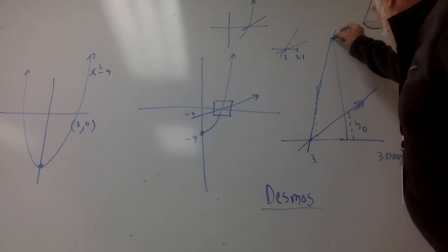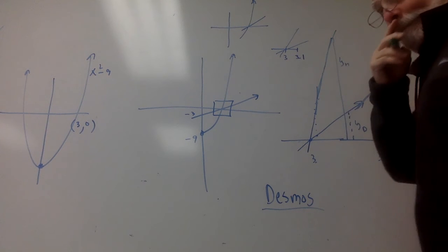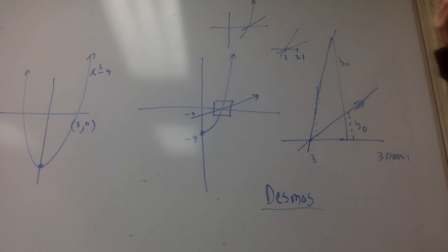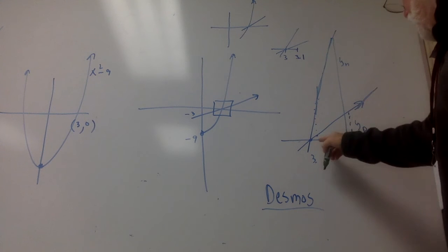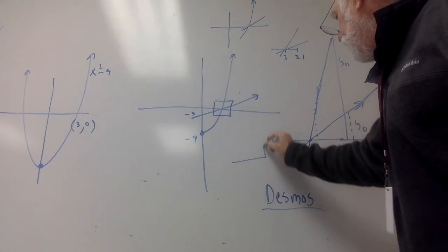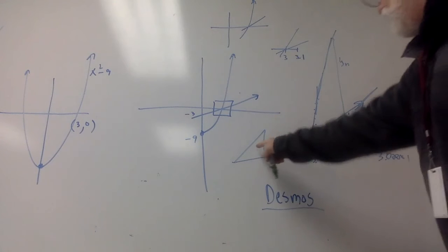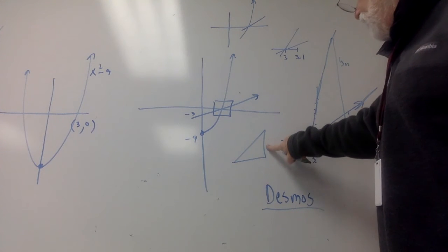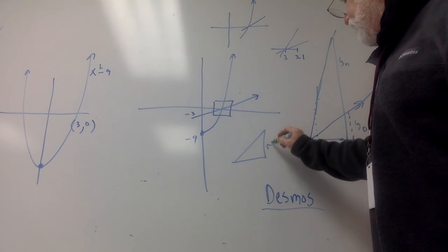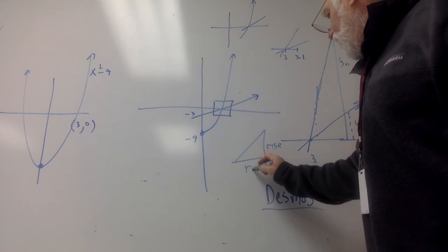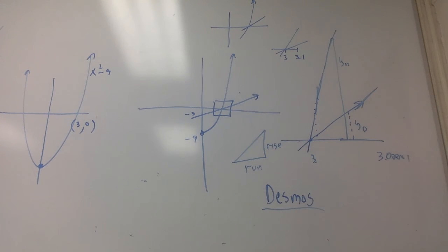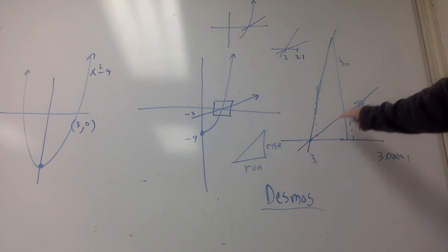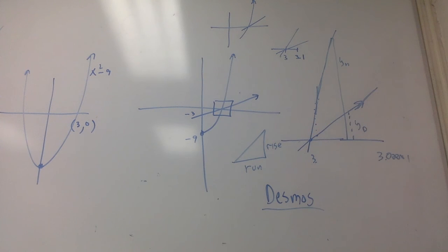This is the y value of the numerator. Okay? And I'm just going to highlight the triangle over here. That appears to be a change. That's a y value. How about I call it rise? How about I call it run? Rise over run. Yeah. Slope of this line.